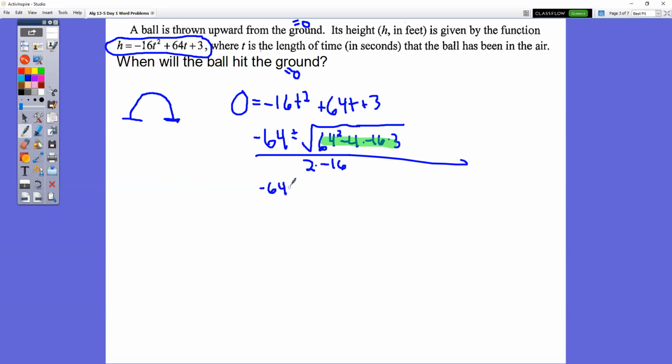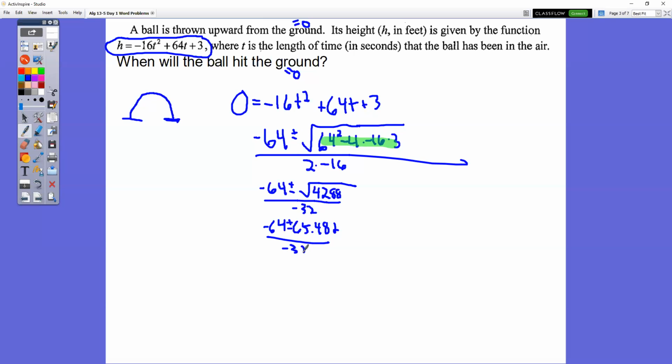So we have negative 64 plus or minus the square root of 4,288 all over negative 32. Take the square root of this number. Again, this one does not come out to be a perfect square. It is approximately 65.482.